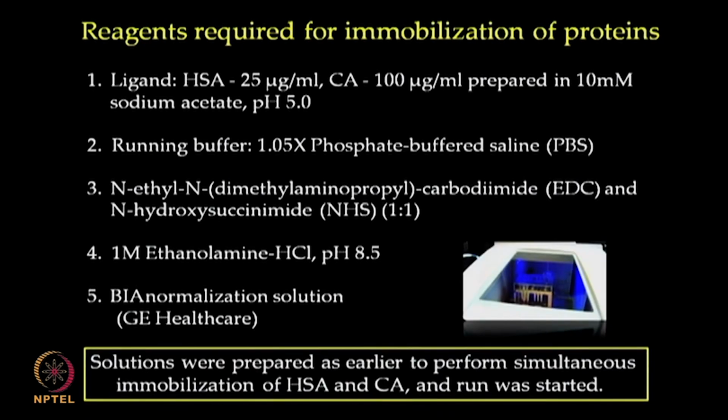After preparation of these samples and reagents, we transfer the sample tubes to the appropriate rack and start the run as shown for beta 2 microglobulin immobilization in earlier lectures. We will hence move forward to discuss the immobilization results obtained from this run.